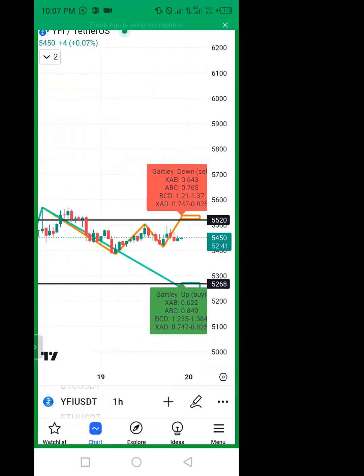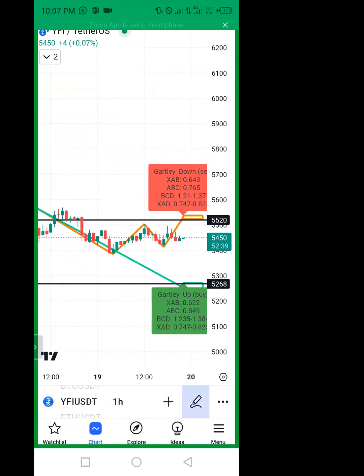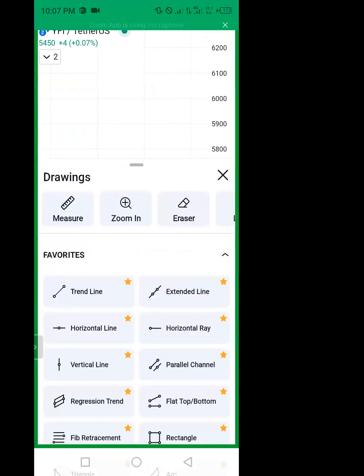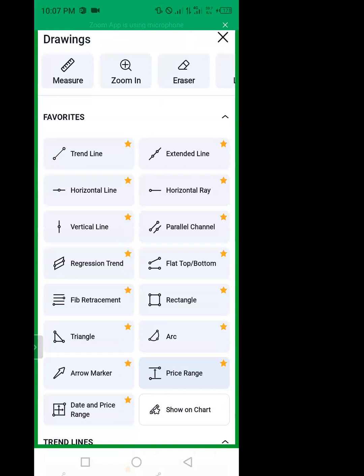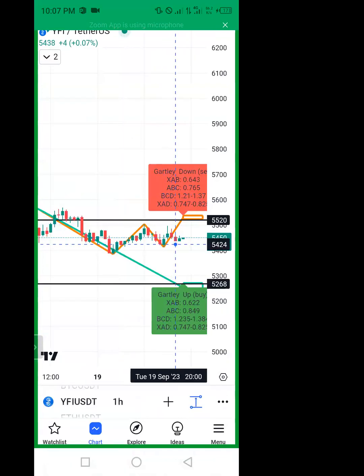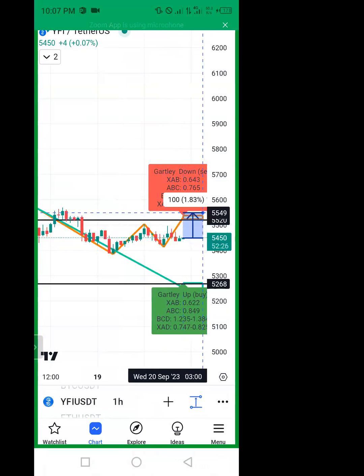I can just put there my price range, where the price is right now, and then I see it is at 5449 up to where this GARTLEY is saying. And then it is at 1.26.